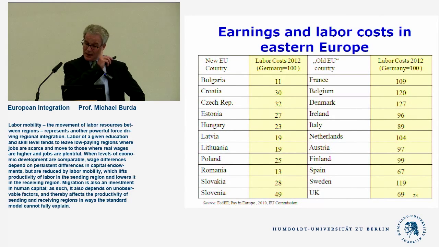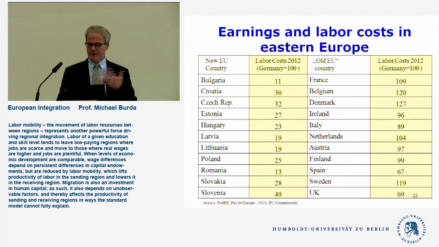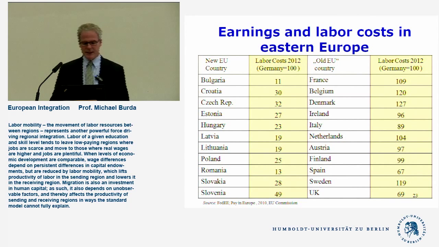I mean, surprisingly, the UK is only at 70% of German earnings levels. So there are lots of incentives for people to move within old Europe, but they obviously aren't triggering lots of movement of people. So these fixed costs that we've talked about must be indeed quite significant. And that's something to keep in mind.